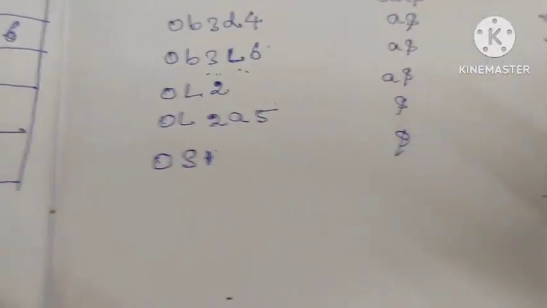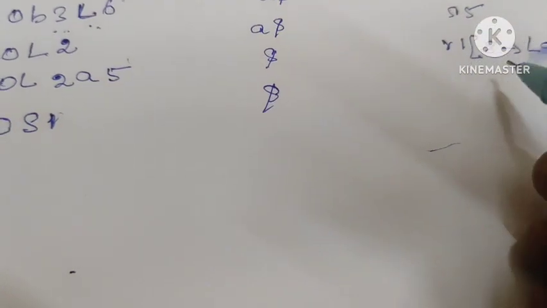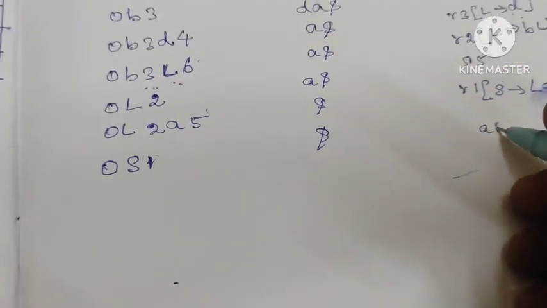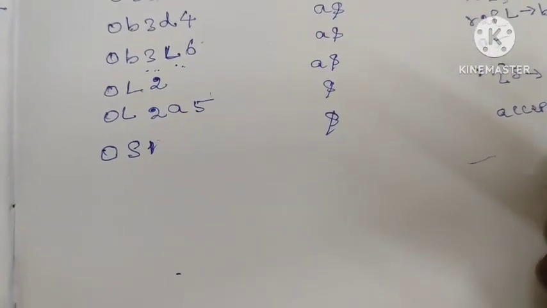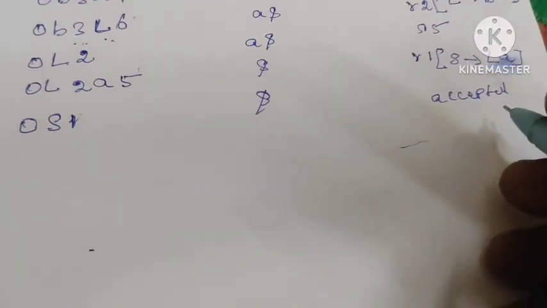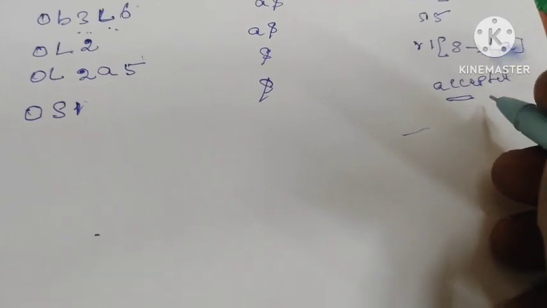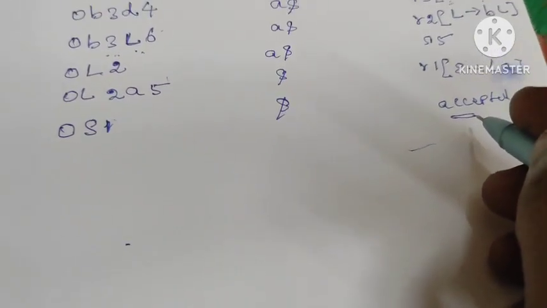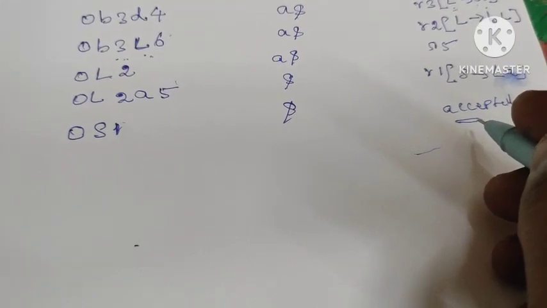So 1 and dollar, it ends here. So I simply write it as accepted. So that's it. Finally, you have to get this state. Then whatever you have done is right, including the parsing table and the string, whichever you have taken is right.